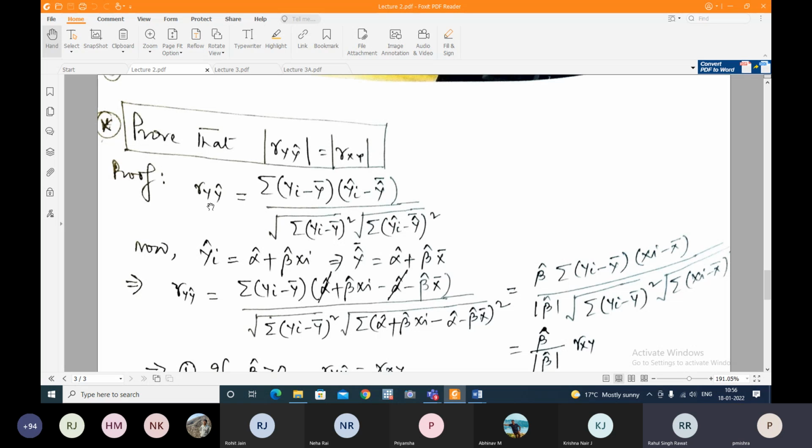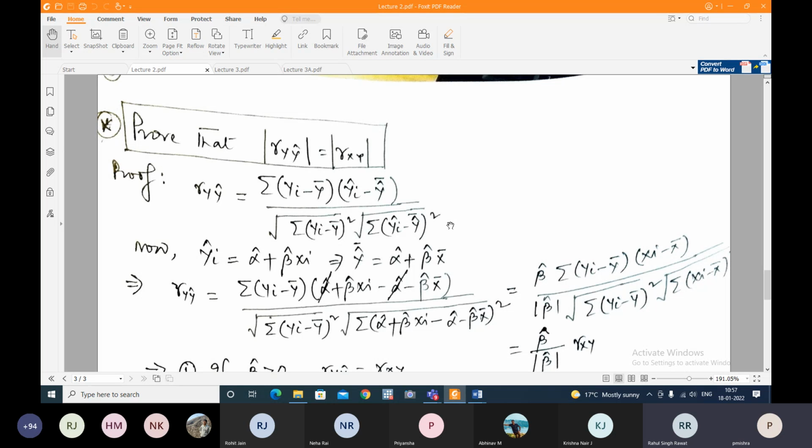Now, what is the correlation coefficient between y and y hat? It is basically covariance divided by standard deviations. This is the covariance between y and y hat: summation of yi minus y bar into y hat i minus y hat bar, divided by their respective standard deviations.